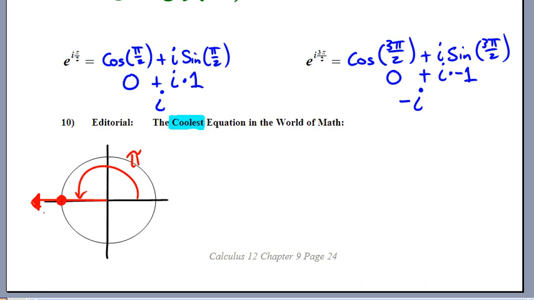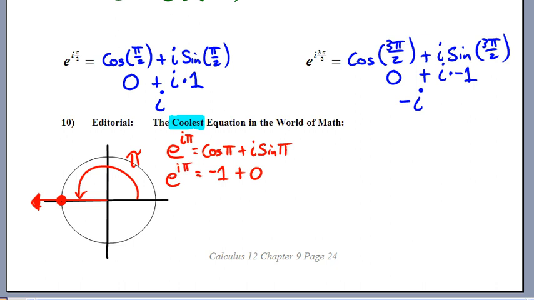And if you try this out and say, okay, well, what about e to the I times pi? What would that be? Well, that would be cosine of pi plus I times the sine of pi. Pi is the 180. Cosine of 180 is a negative 1. And then the sine of 180 is 0. So e to the I pi is actually negative 1.